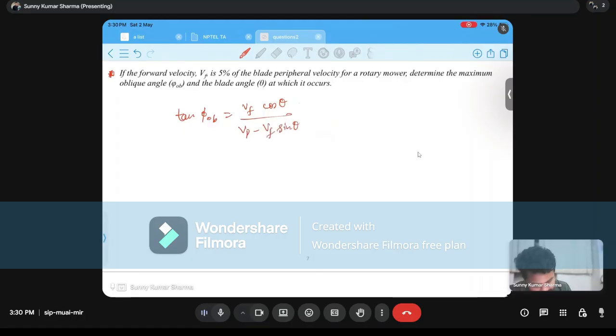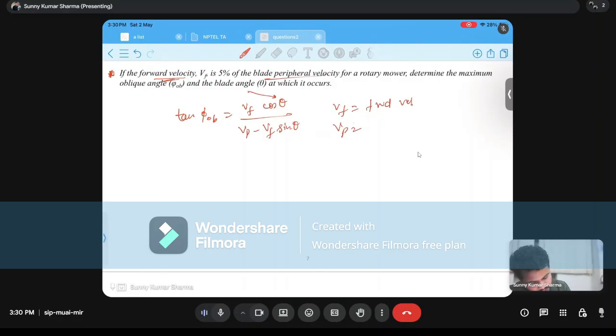As you can see here, theta is the blade angle, Vf is the forward velocity, and Vp will be the blade peripheral velocity.